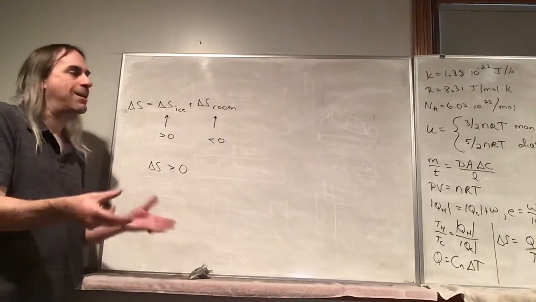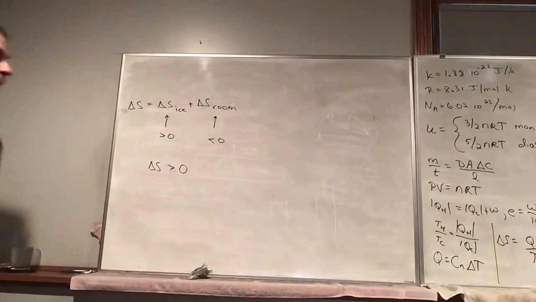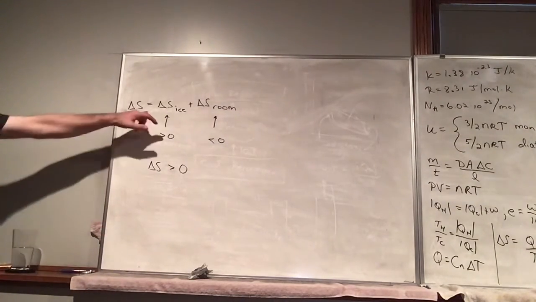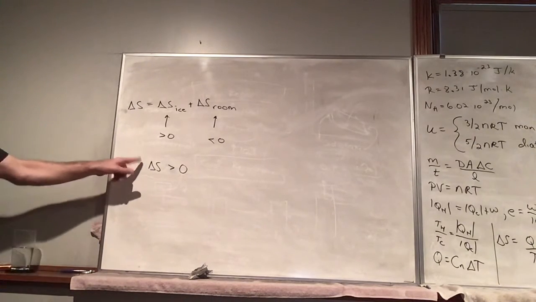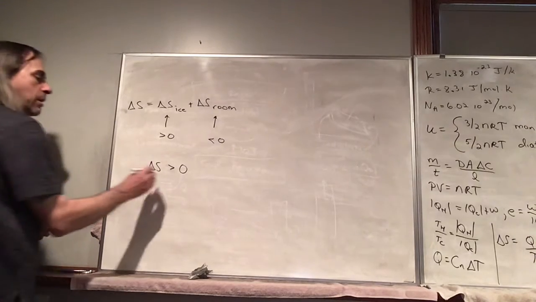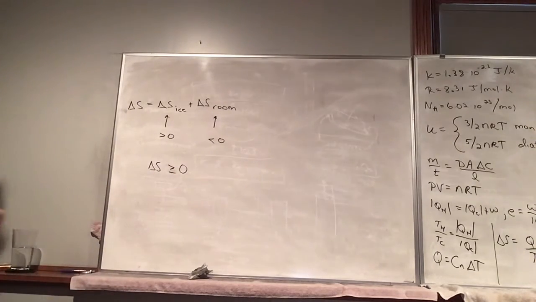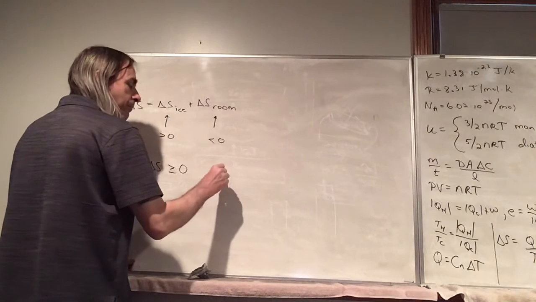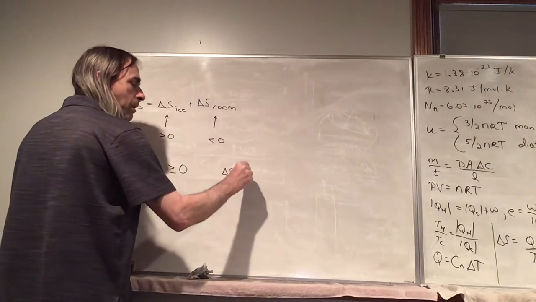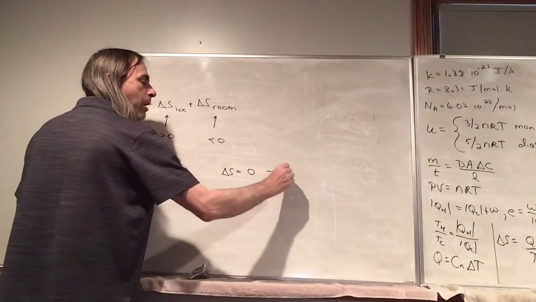And so if we track where that heat goes and take into account the change of entropy that will result from whatever the heat's going to do, we'll find that delta S is always greater than or equal to 0. And typically, it's going to be greater than 0. Delta S only equals 0 for a reversible process.